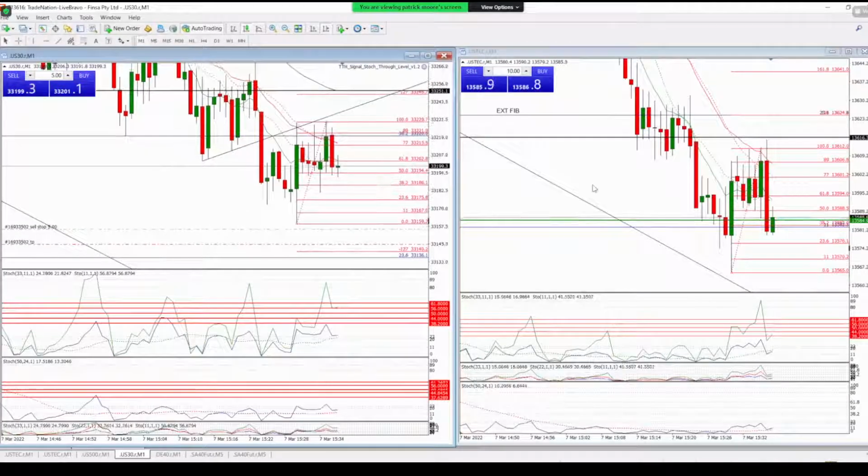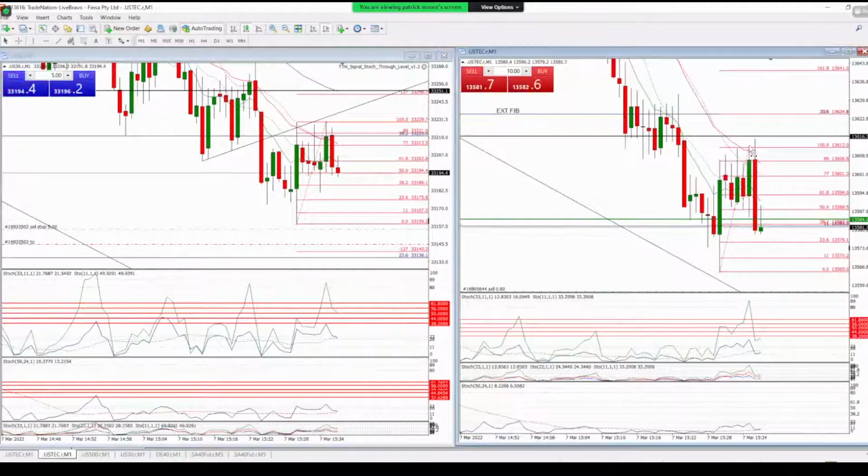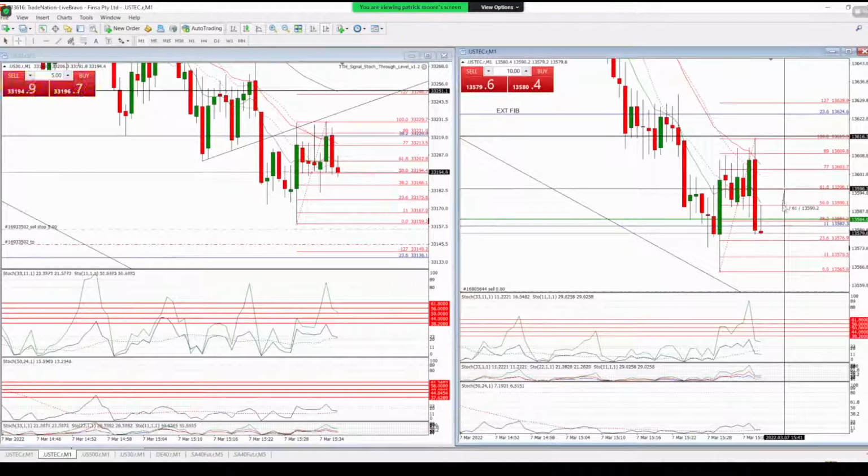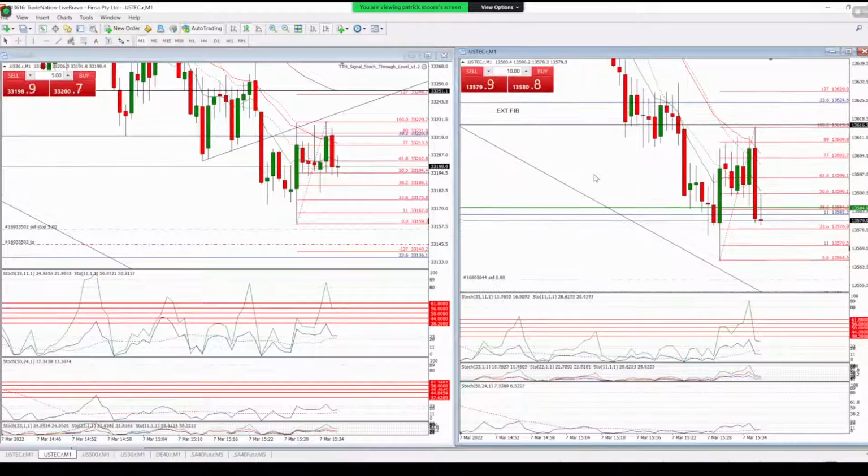Watch the stochastic still up through 50 on both. The range on US Tech is still not good.